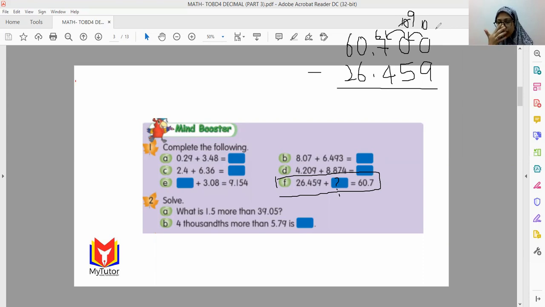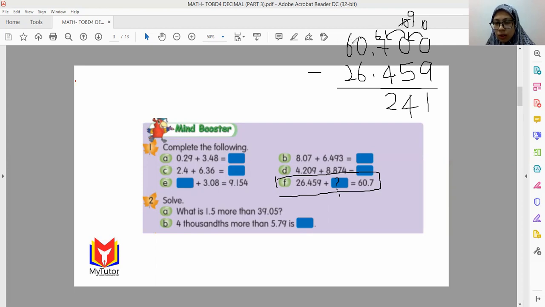Following? Okay, good. Now, Simi, can you help me solve this? 10 minus 9, what is the answer? 10 minus 9 is 1. What about 9 minus 5? 4. What about 6 minus 4? 2. What about this one?